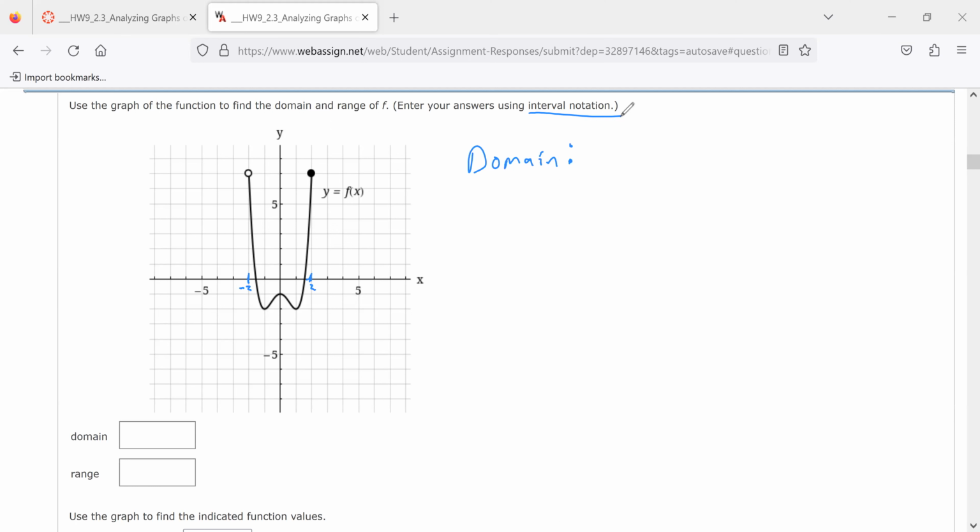Yeah, that is an example of interval notation. Exactly. If it is an open circle, meaning a hole, you put a parentheses in this location. If it's solid, you put a bracket.